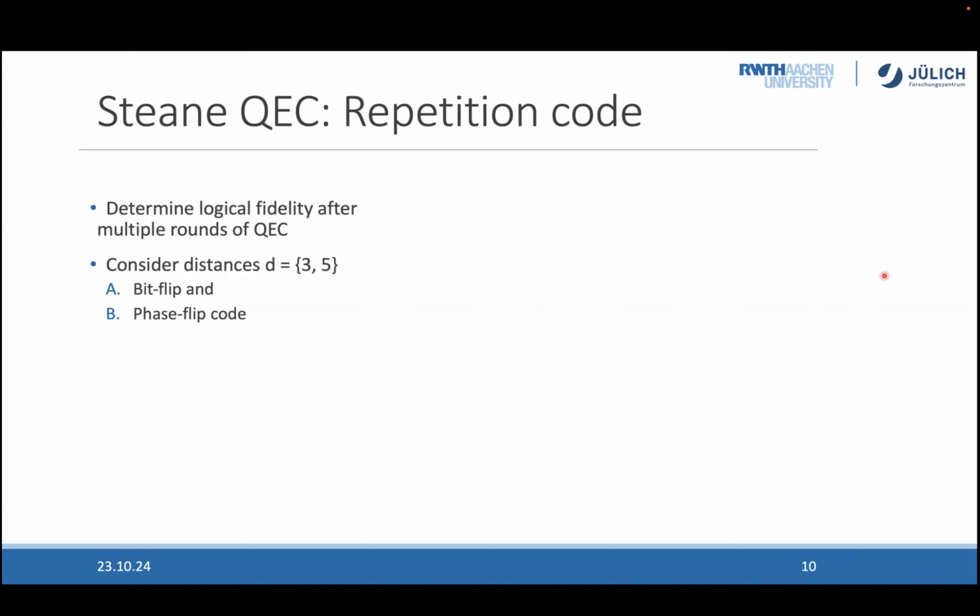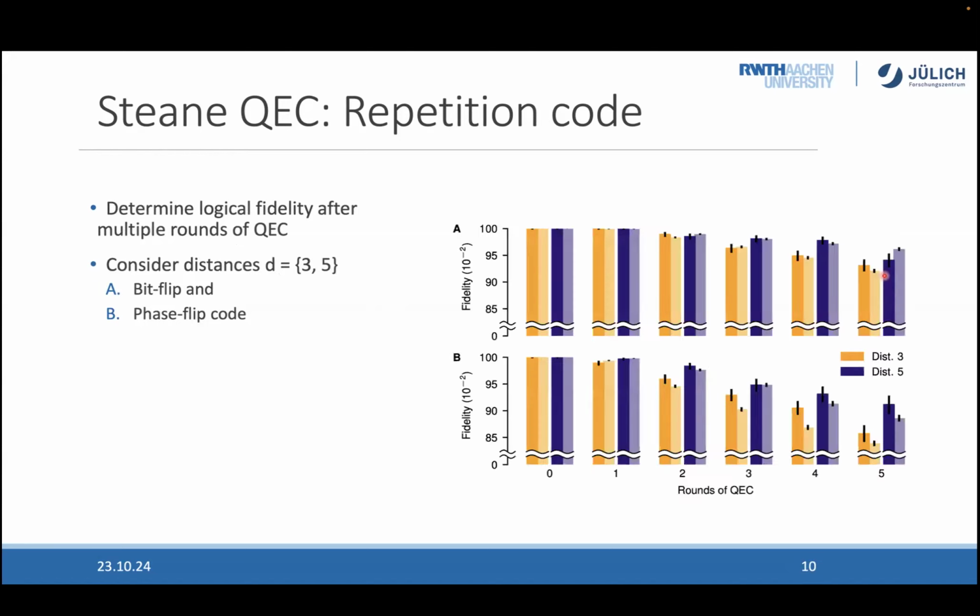We looked at the distance 3 and the distance 5 version of the bit and the phase flip code and determined the logical fidelities after multiple rounds of Steane type quantum error correction. This is what you can see here on the right. Panel A corresponds to the bit flip code and the lower one to the phase flip code, for up to 5 rounds of error correction.